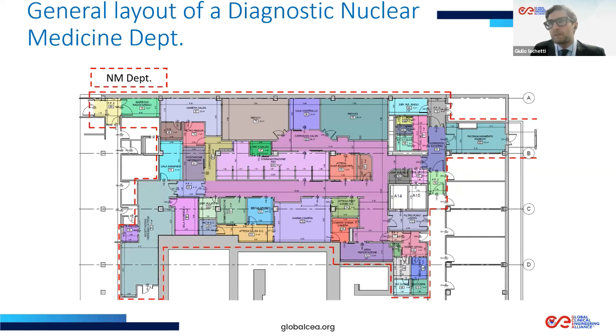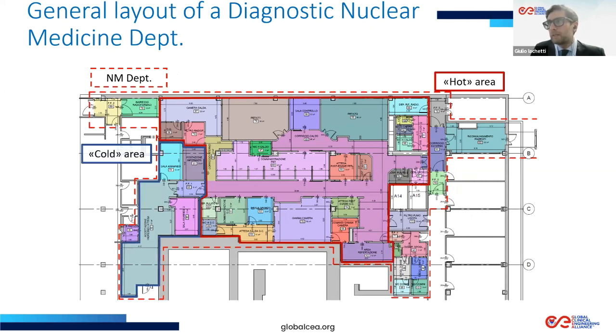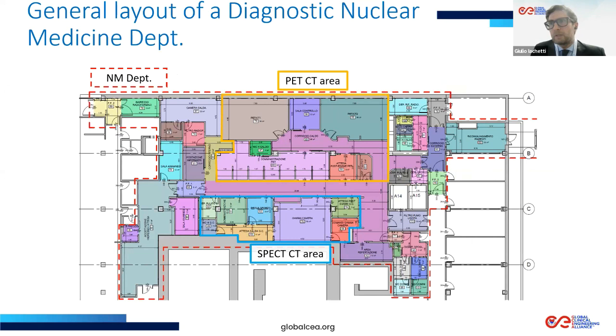A little more complex, again we have cold area and hot area, but with more complexity in systems and facilities, for example the hot bathroom, as an example of the motivation. You have to separate areas with different modalities that are based on different kinds of isotopes.